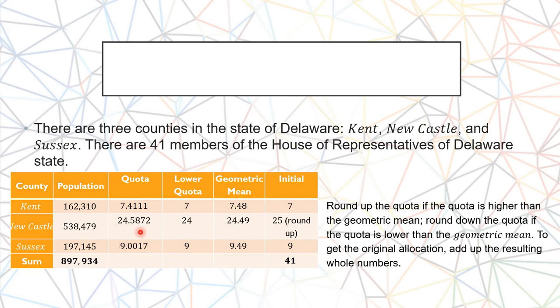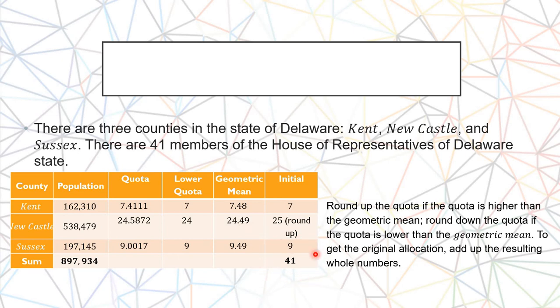So what the Huntington-Hill method suggested is to round up the quota if the quota is higher than the geometric mean. If it is higher, we add 1; we round up the quota. Okay, so to get the original allocations, add up the resulting whole numbers.